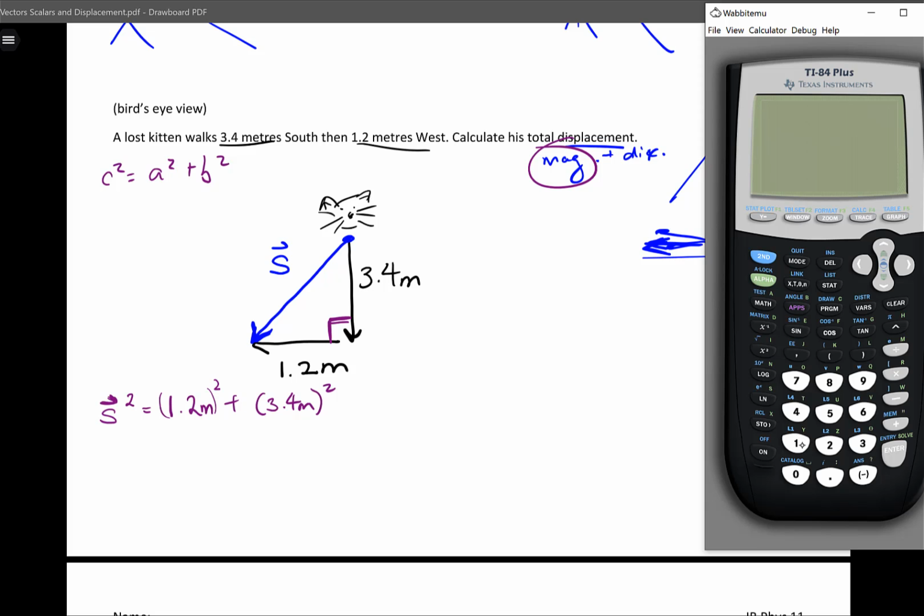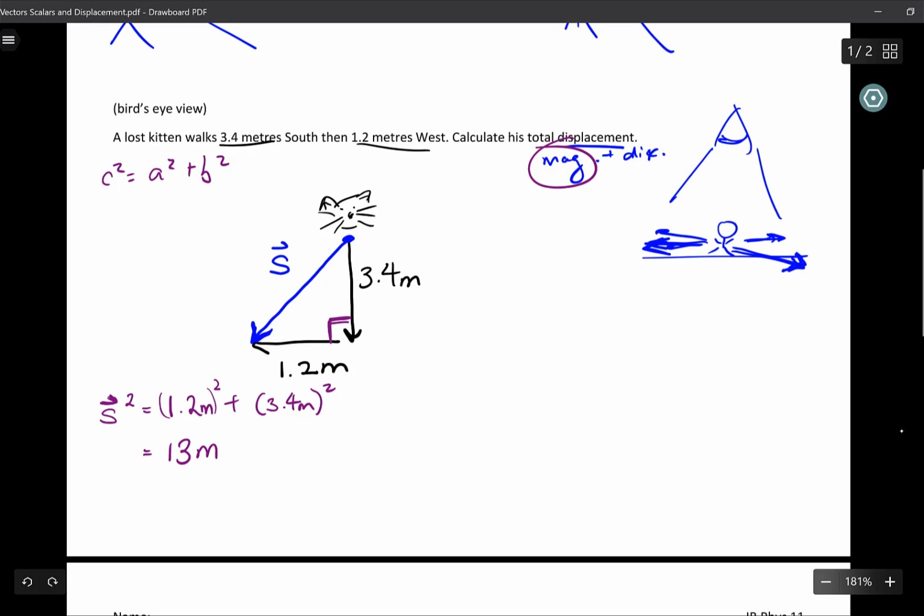So we're going to calculate this first. Normally I would have done this all in one step, but I think we'll need to break it down a little bit. So let's do 1.2 squared plus 3.4 squared. That gives us 13. Technically the units are also squared, and that's displacement squared. So now how do we get rid of the square? We take the square root of both sides.